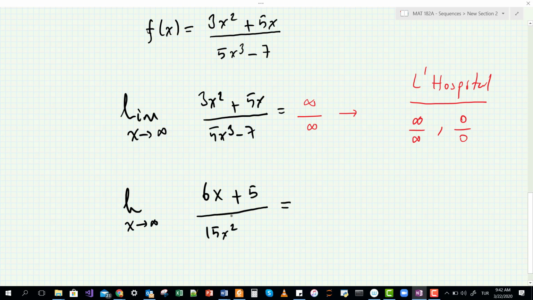And you can take the limit of this new sequence or this new function. So I can see this as still a sequence, but I needed to switch to a function.